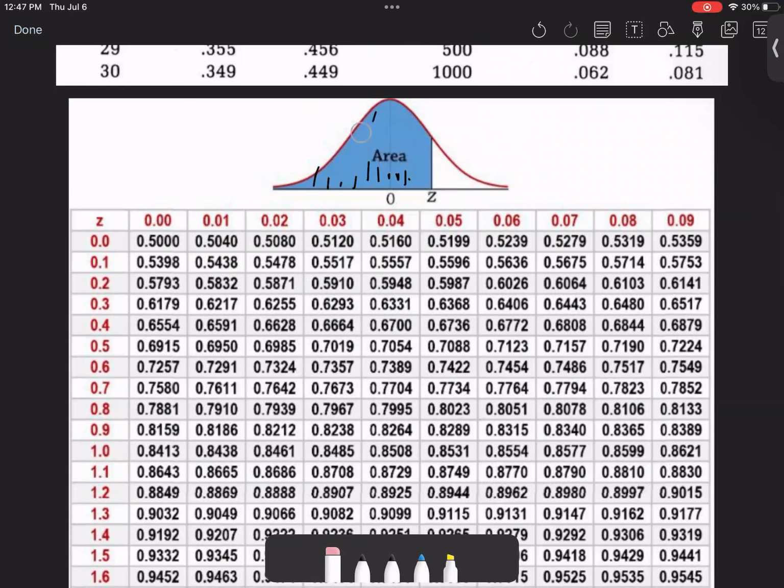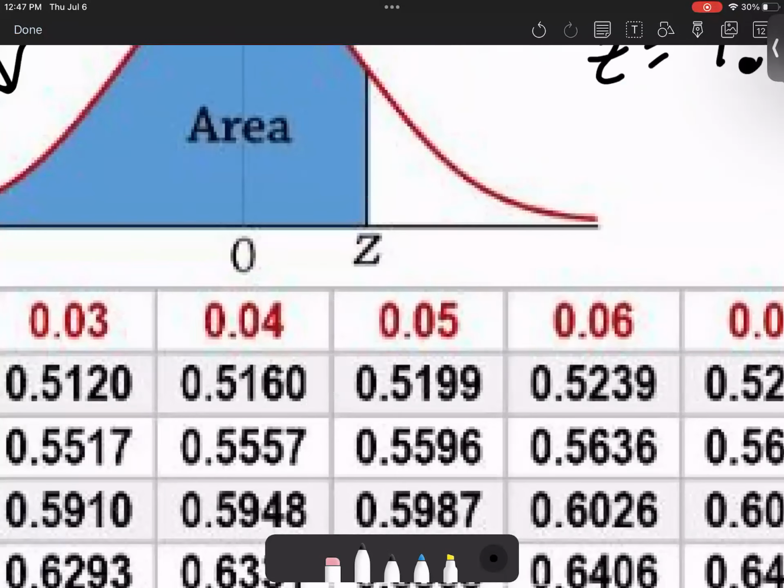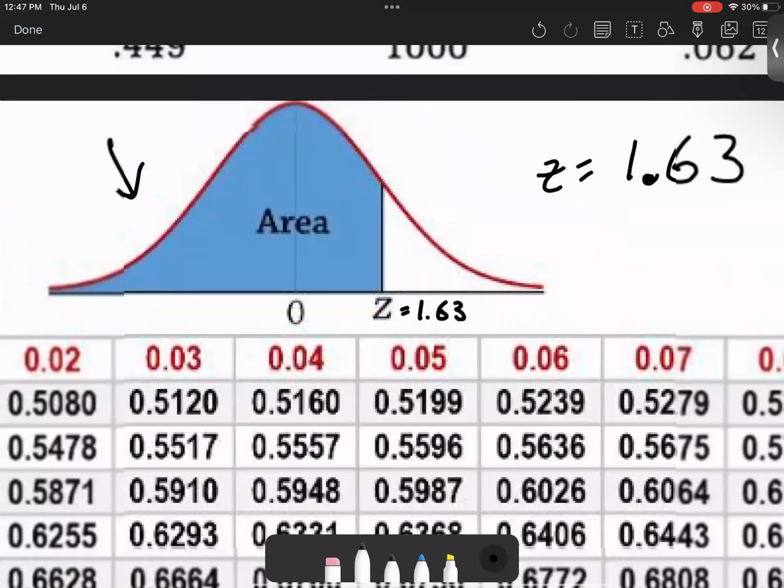Let's look at the z-score, I don't know, maybe 1.63. So again, this graphic tells you exactly what this table gives you. It gives you the area or the probability of having a z-score less than 1.63. So 1.63 is further to the right. So our picture makes sense here.